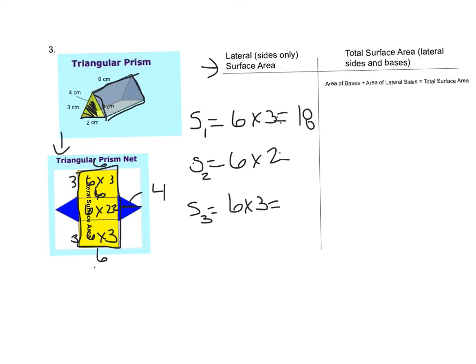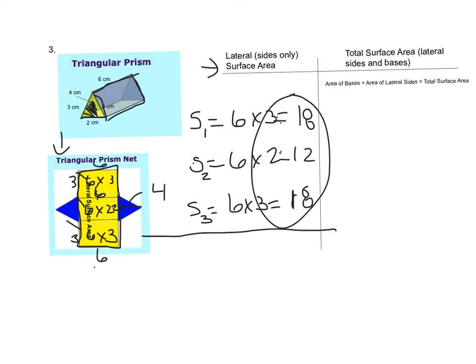So 18, 12, and 18 are the areas of each of these rectangles. To find the lateral surface area, I would just add these up. The lateral surface area of this triangular prism is 48 centimeters squared.